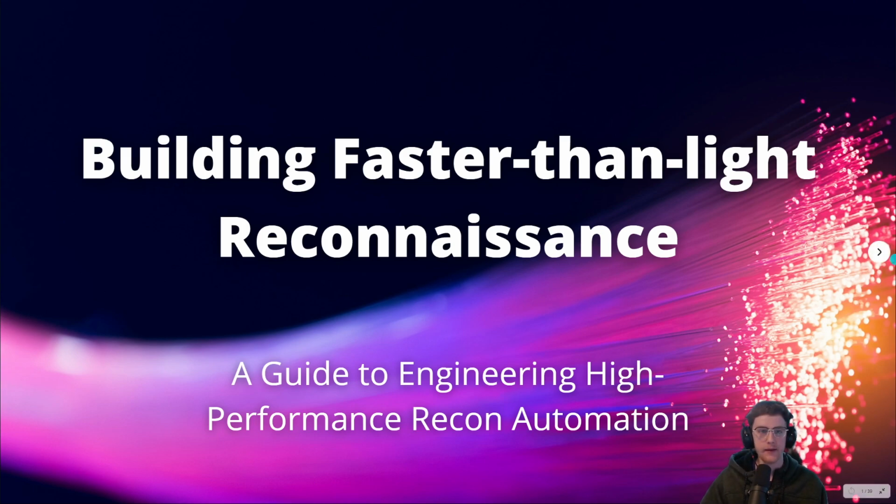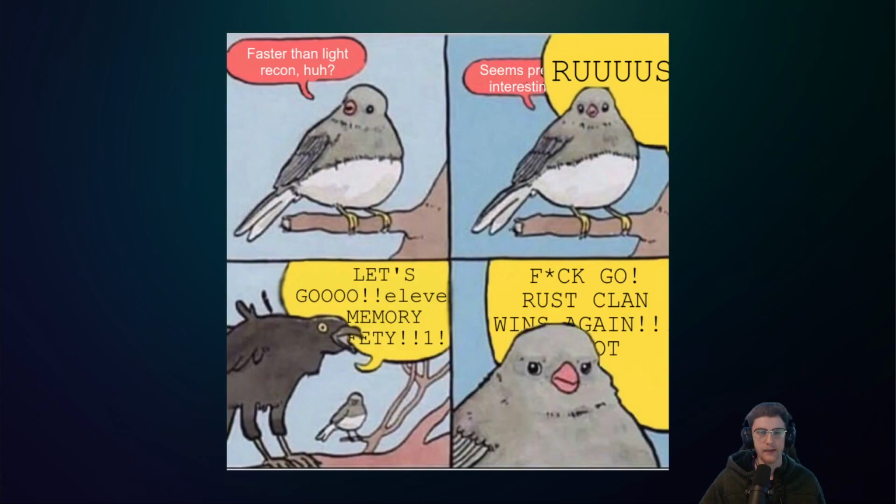All right, so anyway, thank you all for coming to Building Faster Than Light Reconnaissance: Guide to Engineering High Performance Recon Automation. Now, if you know me at all, follow me on Twitter or have been to my streams, you'll know that I like Rust. And you may have thought that this talk was basically going to be just me shilling Rust to you: Rust, let's go, memory safety, fearless concurrency, woo.